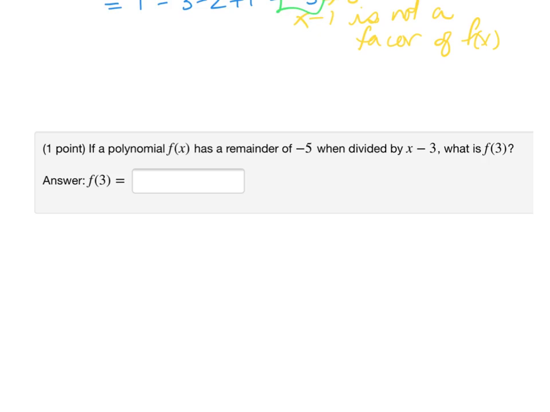So we have two theorems that we can use. One is the factor theorem. The factor theorem states that if f of c produces 0, then x minus c is a factor.